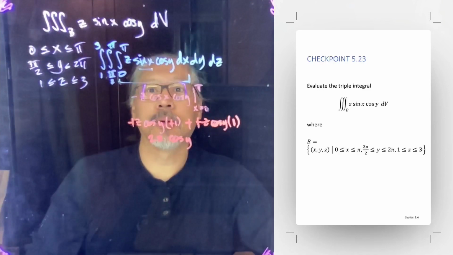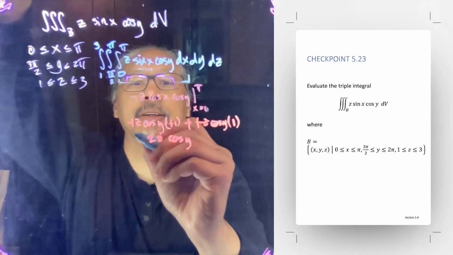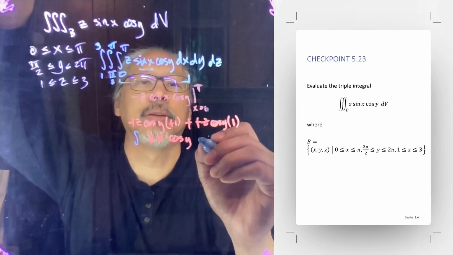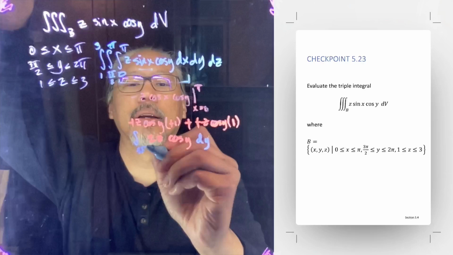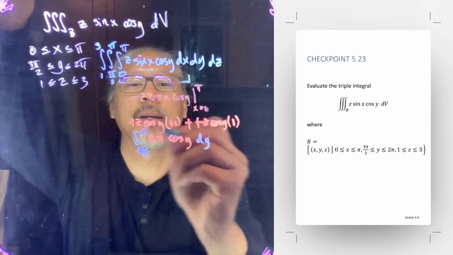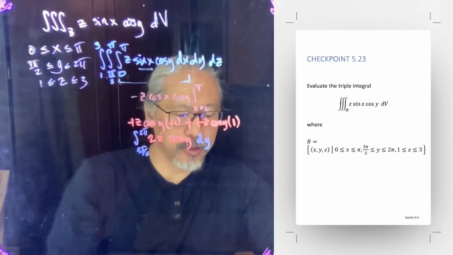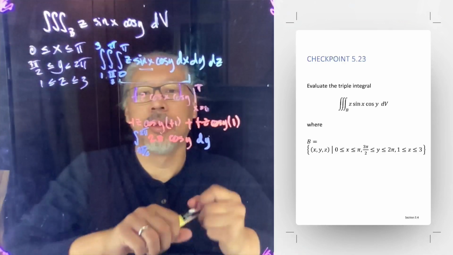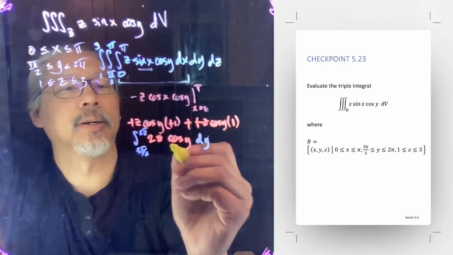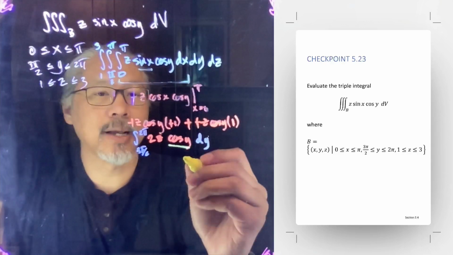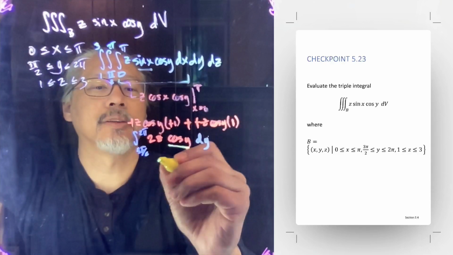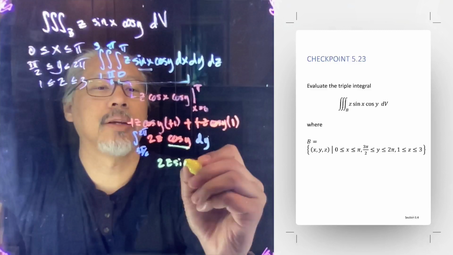Alright, now we're going to take the integral of this with respect to y, going from 3 pi over 2 to 2 pi. And if we do that, we will get the antiderivative of cosine y is positive sine y. So this will be 2z sine y.